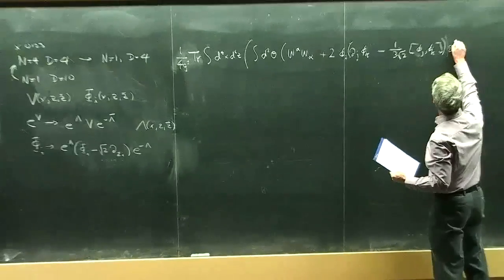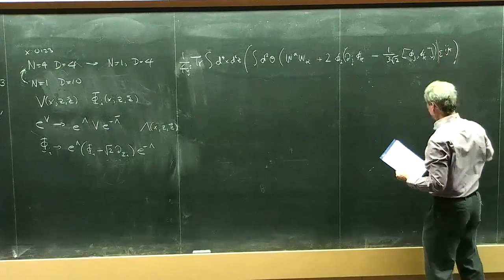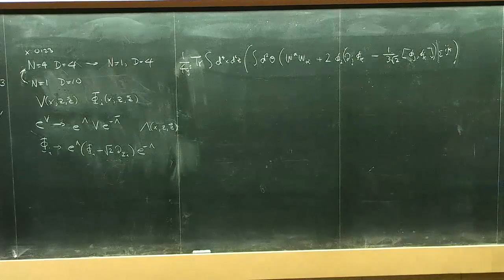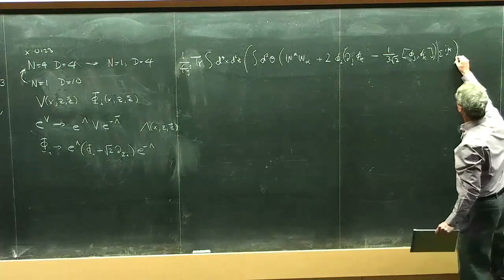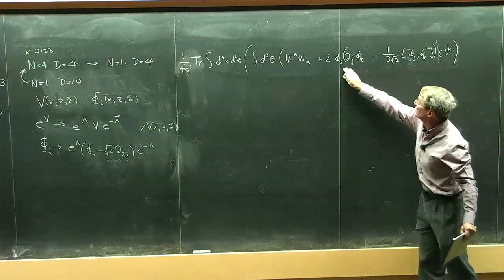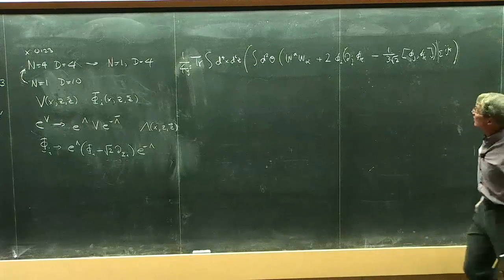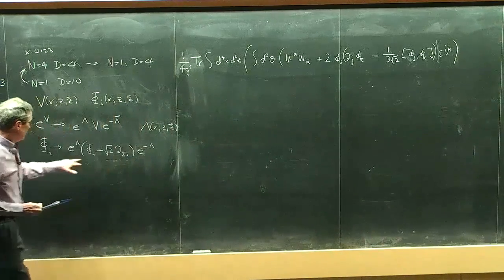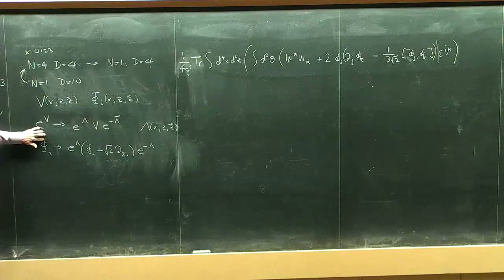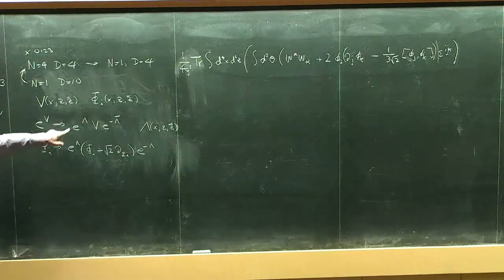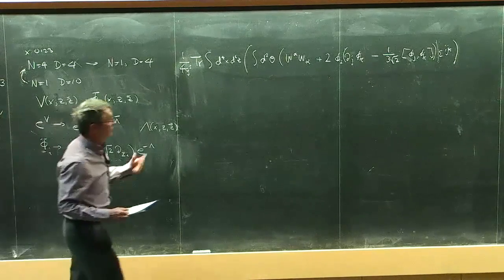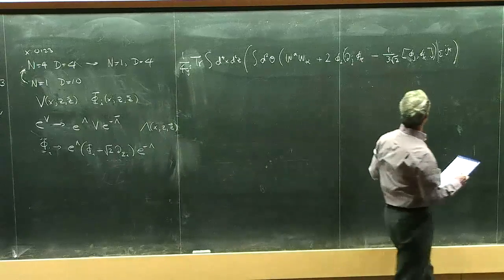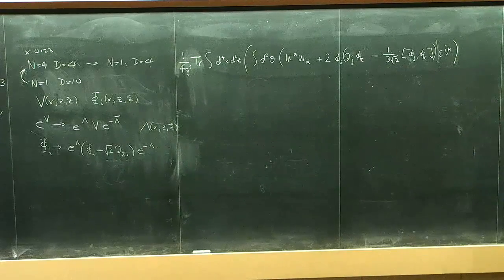But now because of the gauge transformation of the phis, it picks up this extra derivative term. It looks sort of Chern-Simons like.